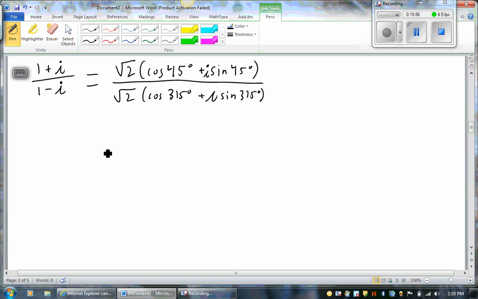Okay, so now these two things we're dividing, both in trigonometric notation. We can use our rule. So we have r1 over r2, which is going to be radical 2 over radical 2.